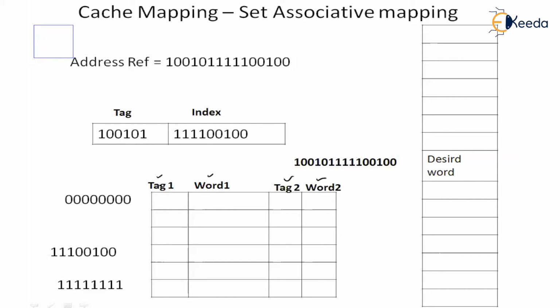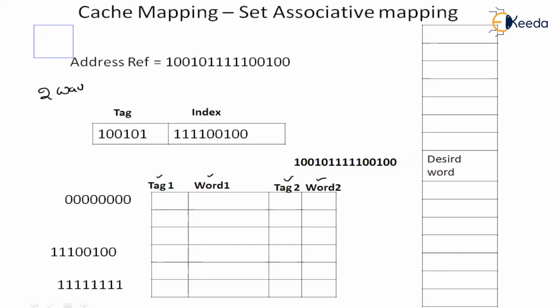If the first tag matches, read the word. If the first tag does not match, don't worry. This is not a miss. You still have a choice of a second tag. Compare the second tag. If the second tag also does not match, then there is a miss. This is called two-way set associative mapping.